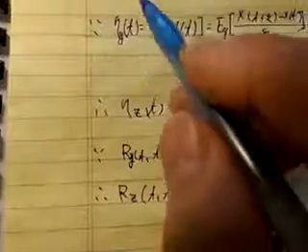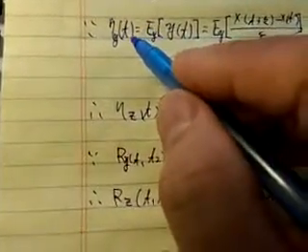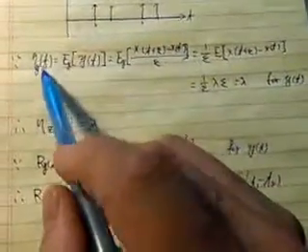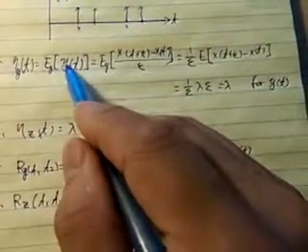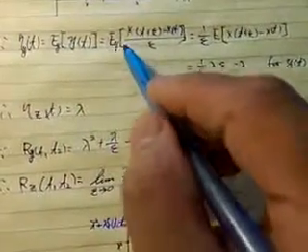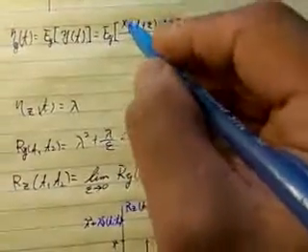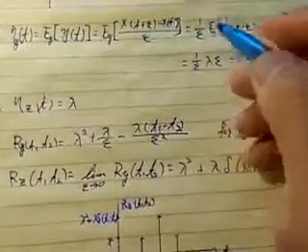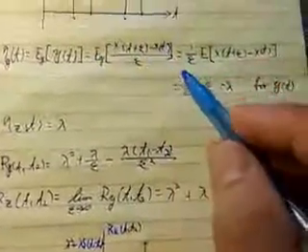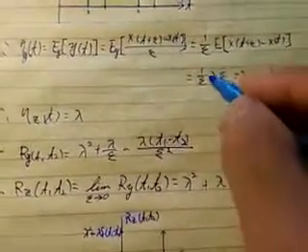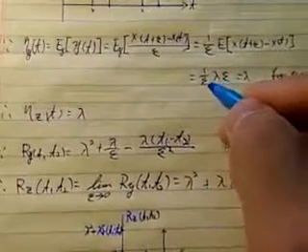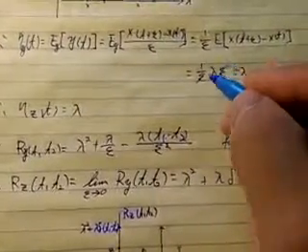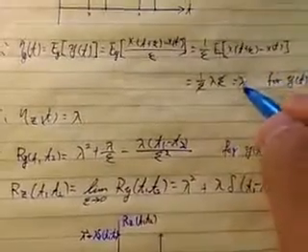On the other hand, the expected value of y: the expected value of y of t equals the expected value of x of t plus epsilon minus x of t divided by epsilon. As before, the answer becomes 1 over epsilon times lambda epsilon. We cancel epsilon, so we get lambda.